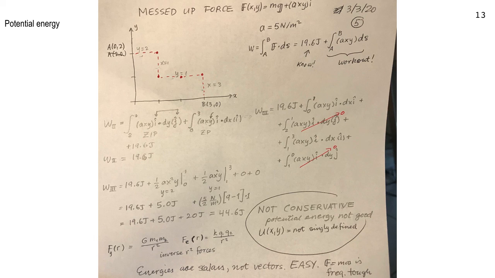And it's not going to be unique if you can't define it, if it doesn't come out the same each way you calculate it. And so that's a problem. In other words, delta U here would be either 19.6 or 44.6 between the same two points. So that's no good.